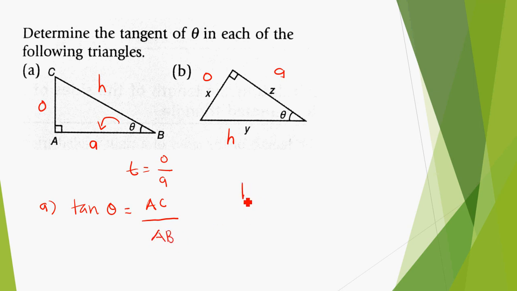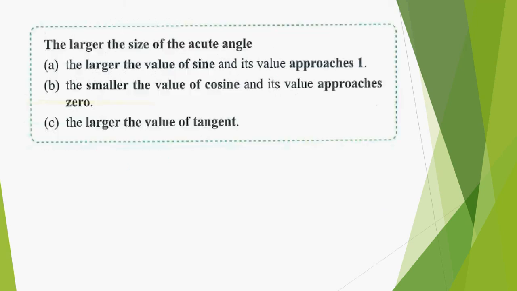Question B, tan theta is opposite, which is x, over adjacent, which is z. So x over z. TOA. Okay. Next.